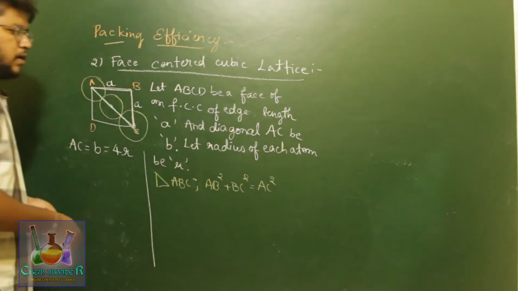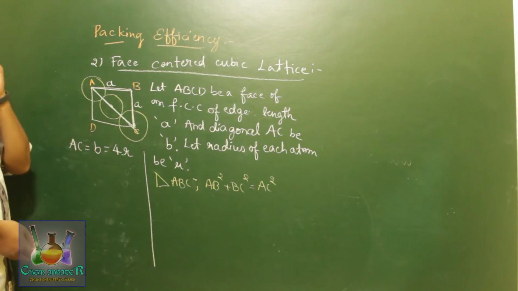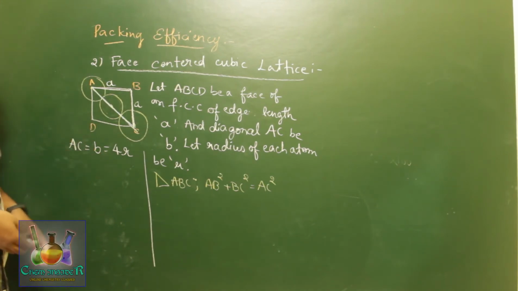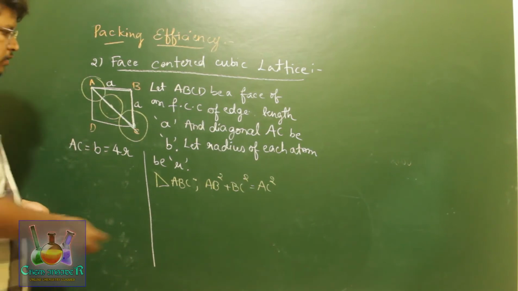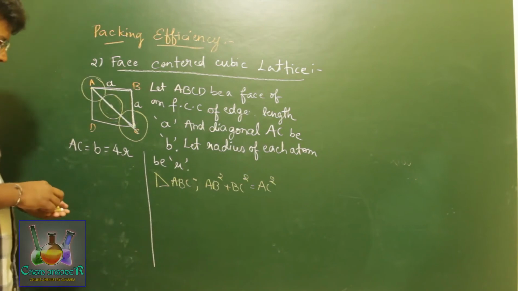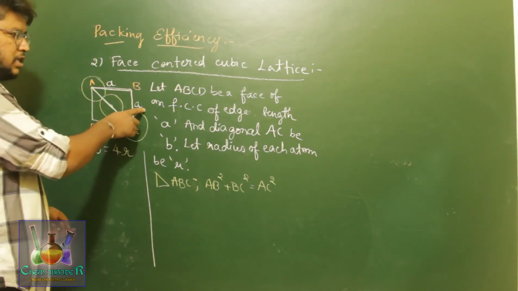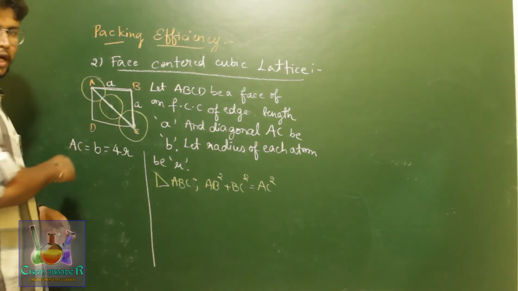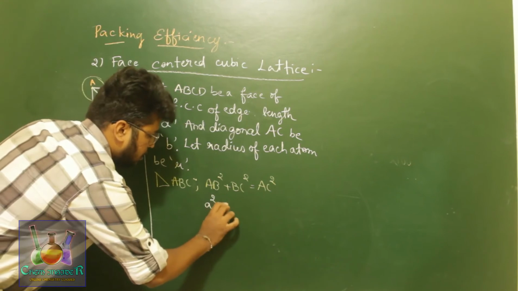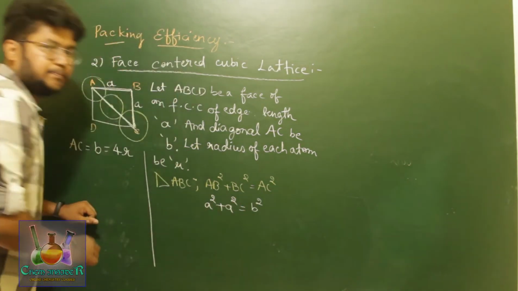That is, the sum of the squares of two sides will be equal to the square of the hypotenuse in a right angle triangle. Now we know AB is edge length a, BC is edge length a, whereas AC is the diagonal b. Substituting those values, a square plus a square is equal to b square.